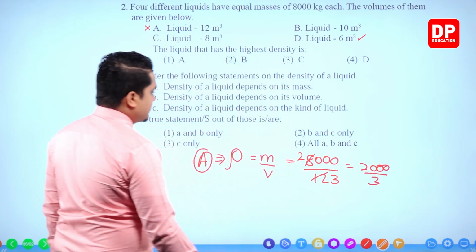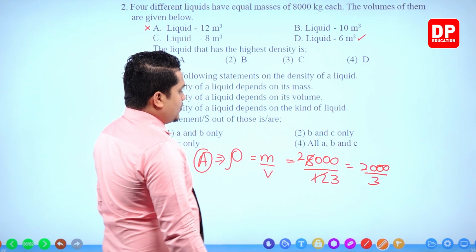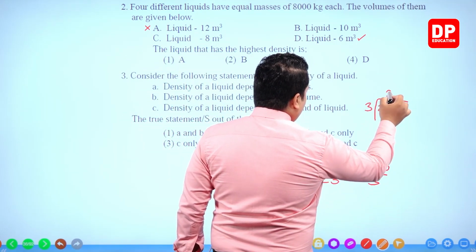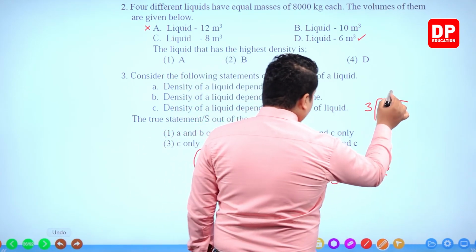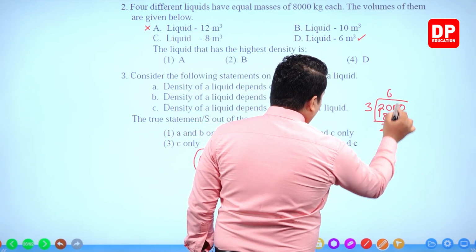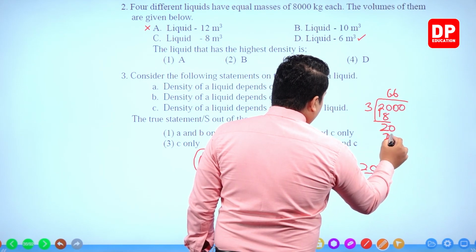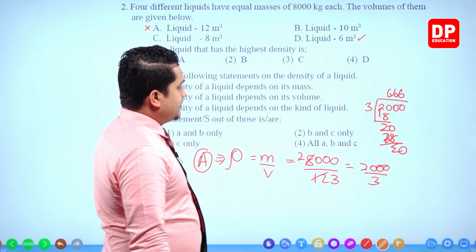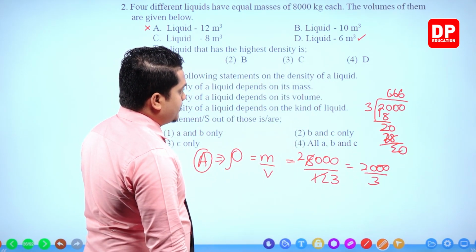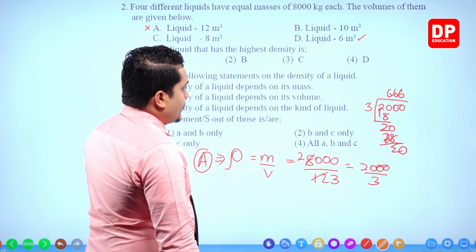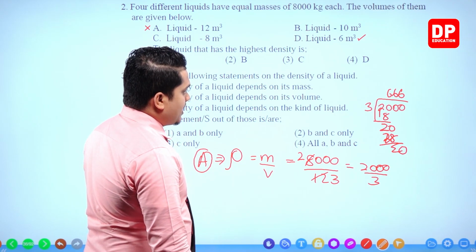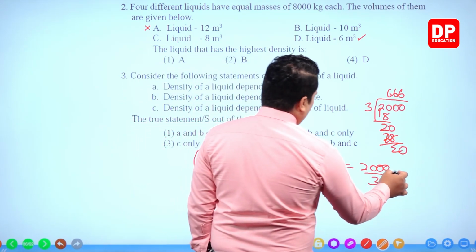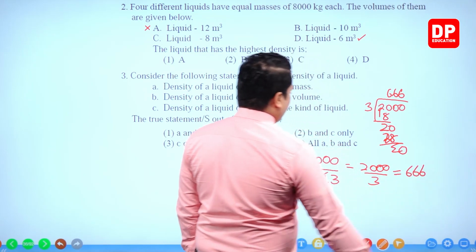You divide and get the answer up to the nearest value. 2000 divided by 3 is around 666. We'll just keep it as a simple value like this.